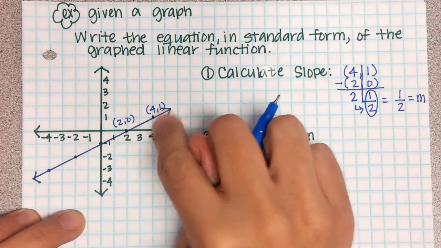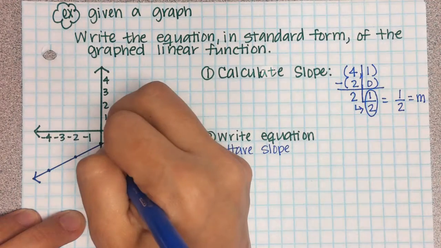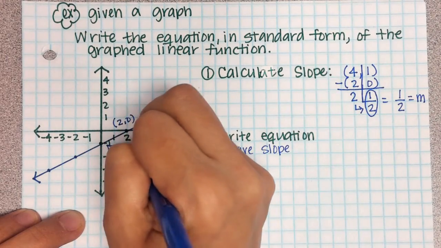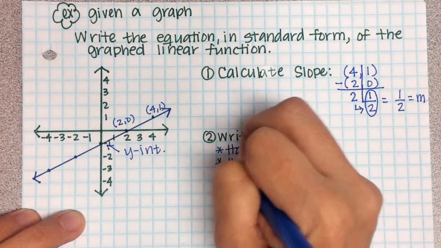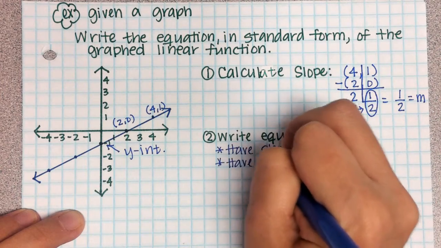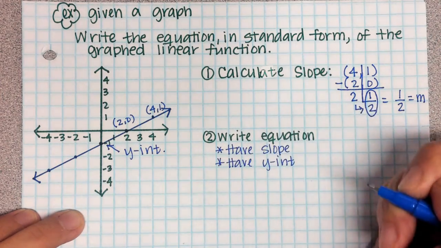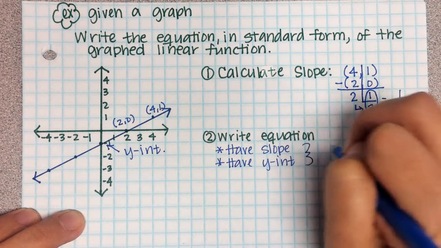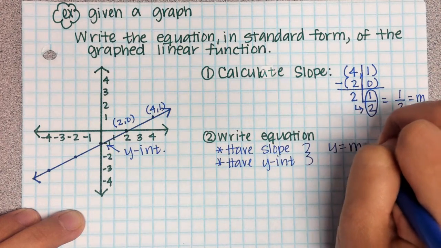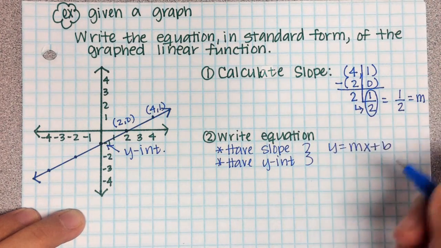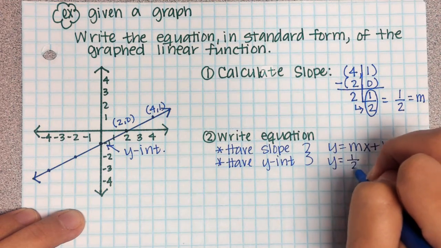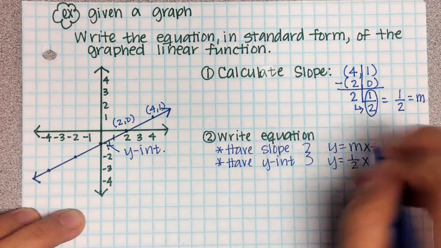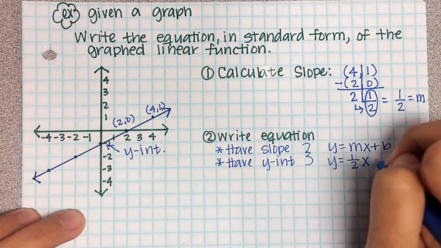I have a point, so I can do point slope, but I also have a nice and pretty y-intercept. So I can actually do slope-intercept form. y = mx + b. So y = 1/2 x, and it's actually -1.